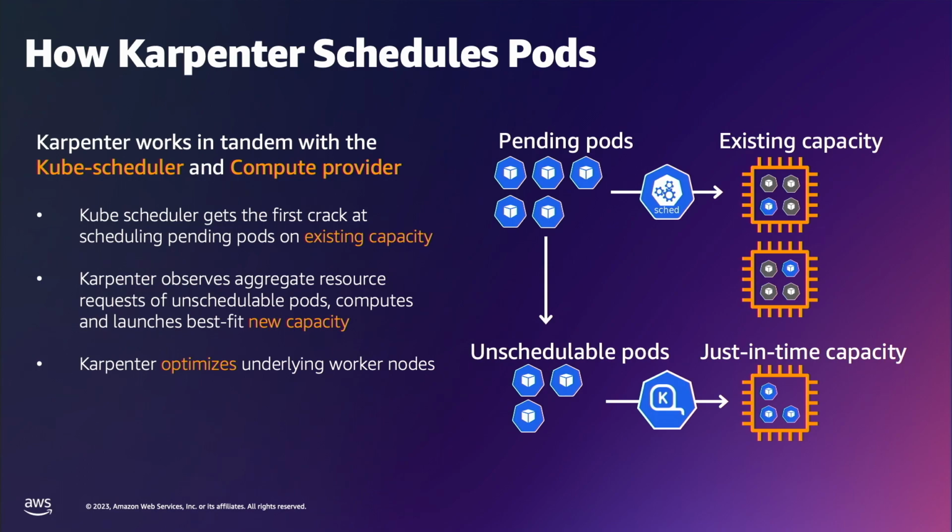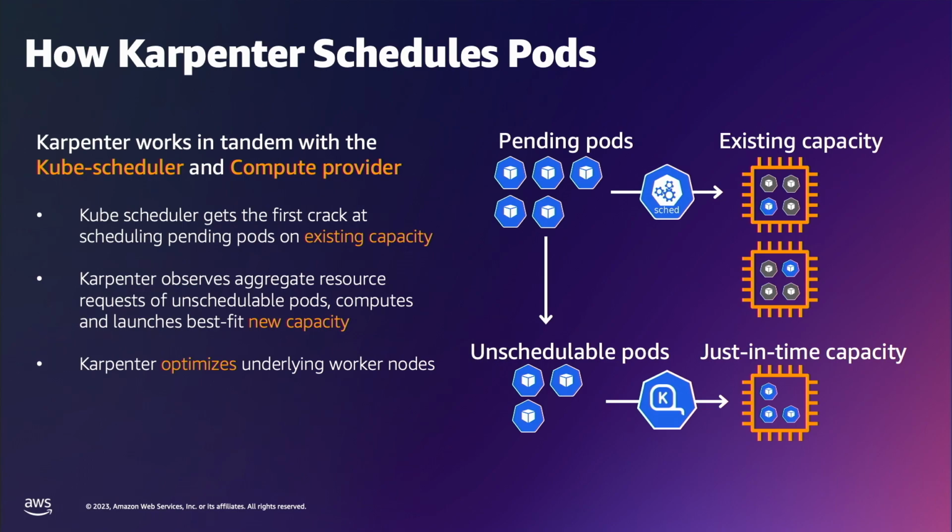Could be some labels on the pods, could be affinity, anti-affinity rules, node selectors, topology spread constraints, and others. After this, evaluating both the metric and the constraints, it will provision a node. And once the node is provisioned, it also automatically schedules the pod on that node.